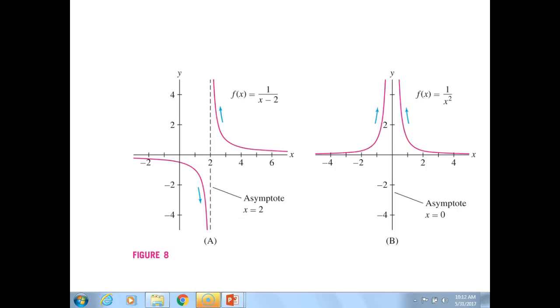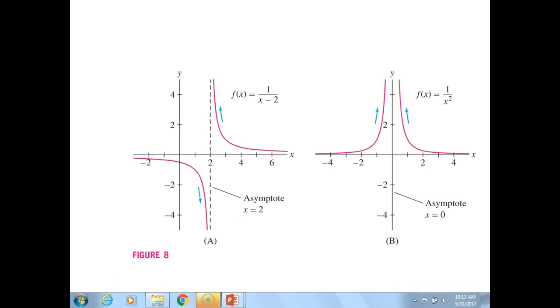Okay, getting a little calmer about it. Does it have a limit as x approaches 2 from the right? No, it's going to infinity that way too. So it certainly has no limit as x approaches 2 anywhere. One-sided, two-sided, no-sided, there's no limit as x approaches 2. Everywhere else it is defined, and you have limits there.